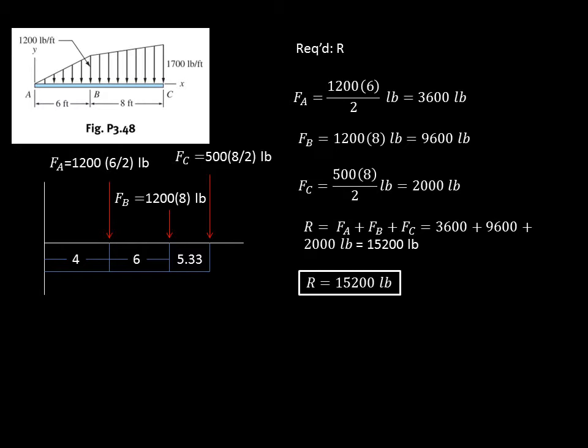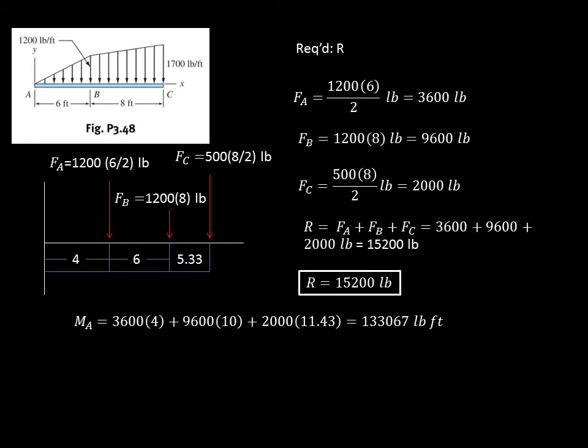First, we assume the moment center in this video. Point A is the moment center used. Points B and C can also be used as a moment center, and they should yield the same answer.